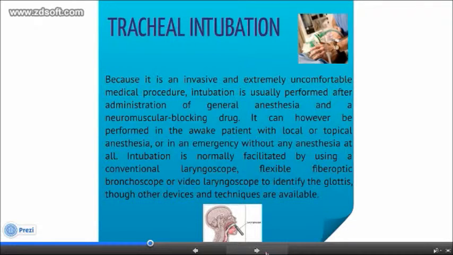Intubation is normally facilitated by using a conventional laryngoscope, flexible fiber optic bronchoscope, or video laryngoscope to identify the glottis. Though other devices and techniques are available.